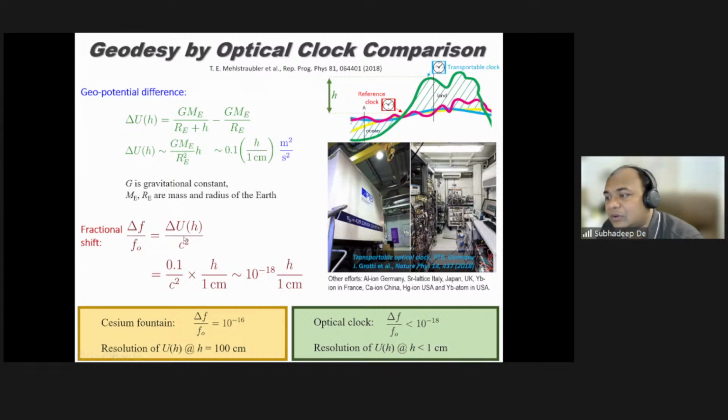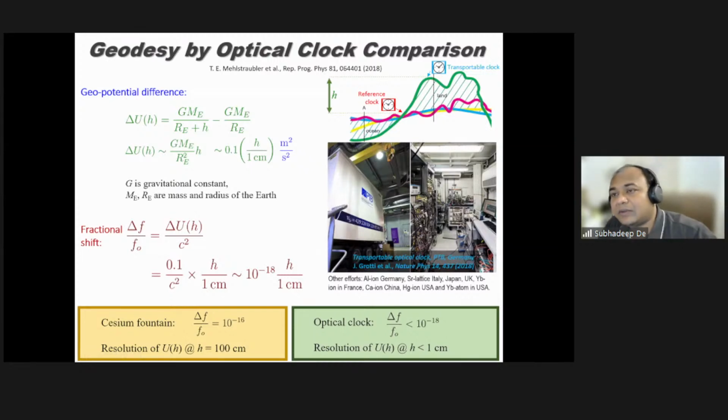So delta F by F0 equals delta U divided by C squared, where if I use the delta U from these relations, then I can rewrite delta F by F0 due to change of height as 0.1 by C squared times H, H in centimeter units. And if I put in all these numbers, it is about 10 to the power minus 18 times H. So if I have a clock which has a fractional accuracy delta F by F0 of the order of 10 to the power minus 18, that means I can measure a height difference of 1 centimeter.